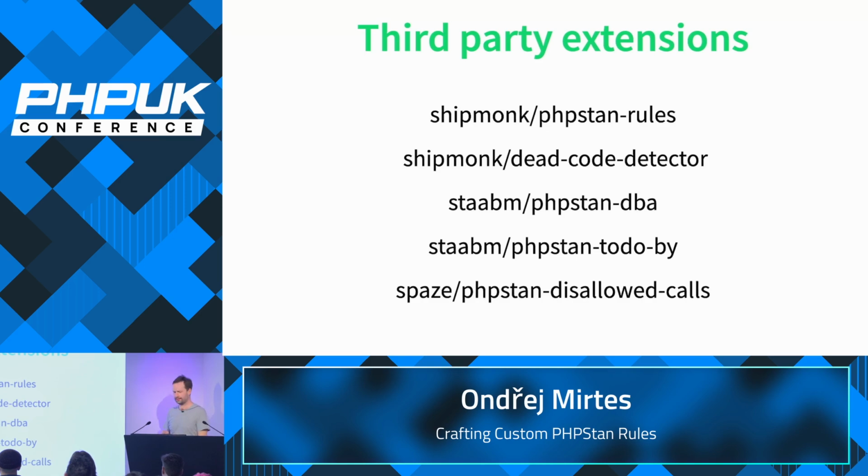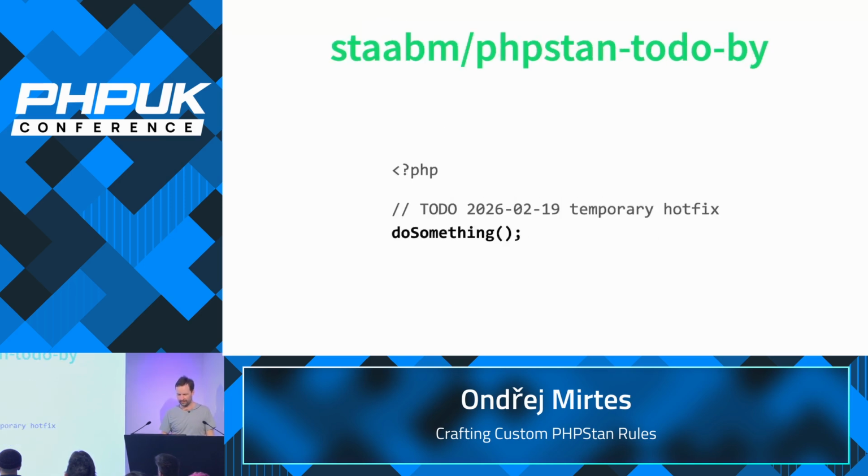I think I actually have a slide about it a little bit later. This extension, PHPStan To-Do by Markus Staab, is about checking to-do comments in your code. If you have a to-do comment with a date, PHPStan is going to fail after this date, so you know that you need to do something about this to-do if it's no longer relevant after this date.